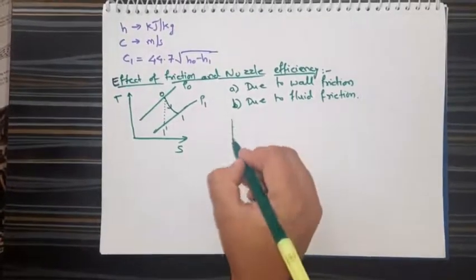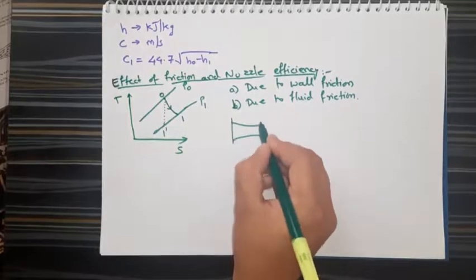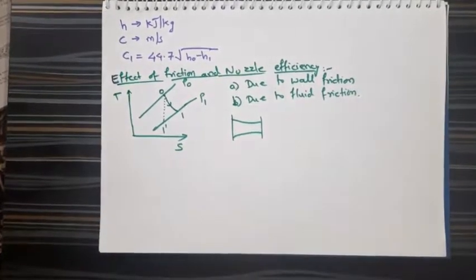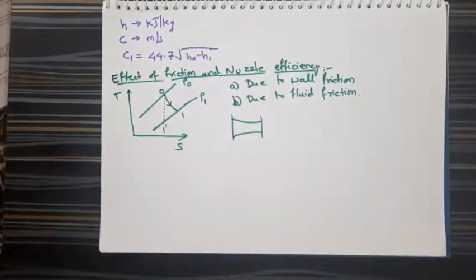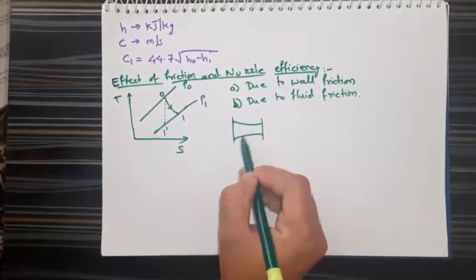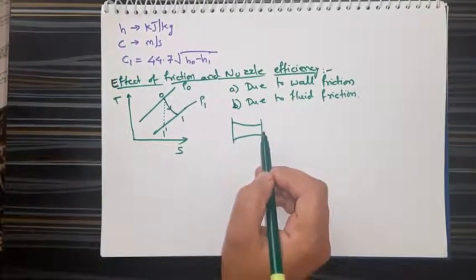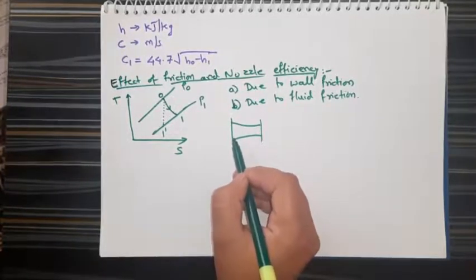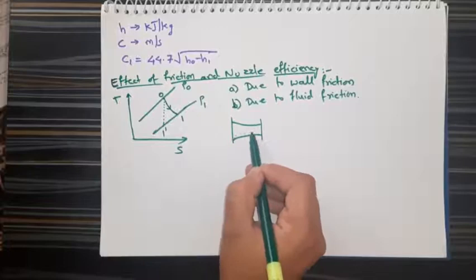When the fluid flows through the nozzle, it is expected that these walls should be smooth, but practically it is not possible when it is manufactured. At that time, the surface inside this nozzle can be slightly rough. So due to that, there will be friction between these walls and the particles of the fluid.